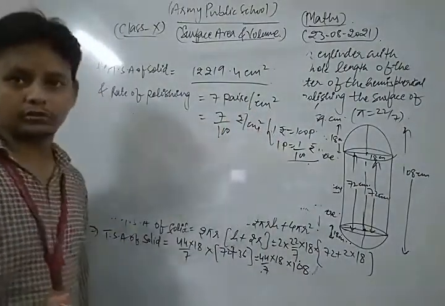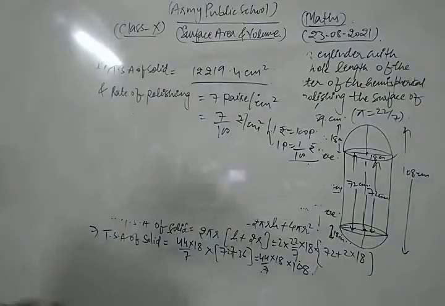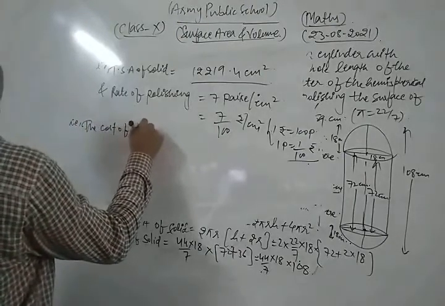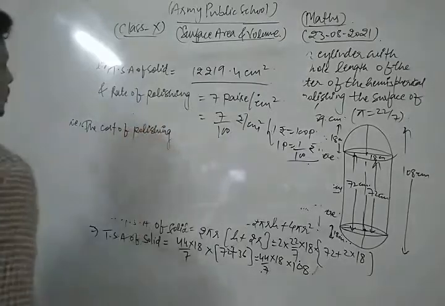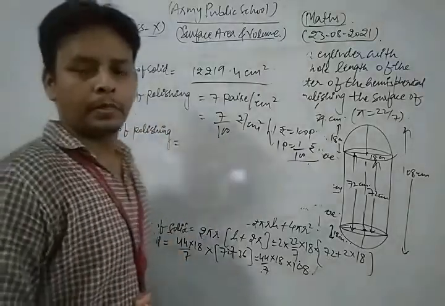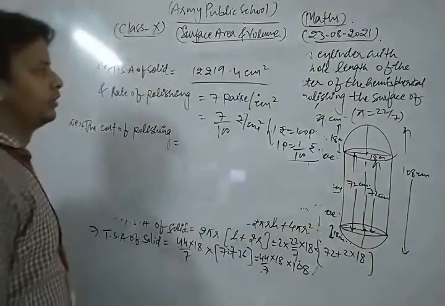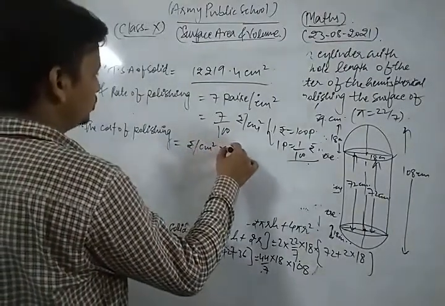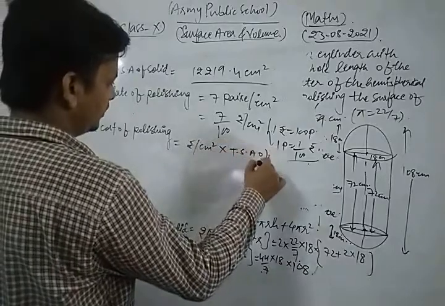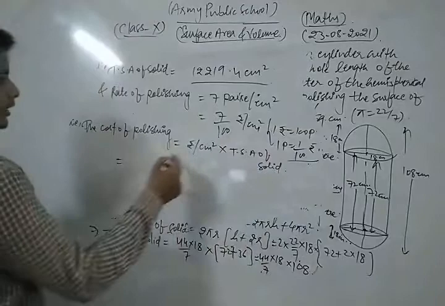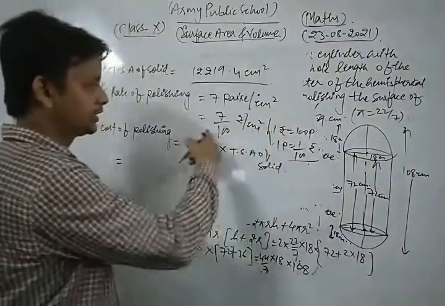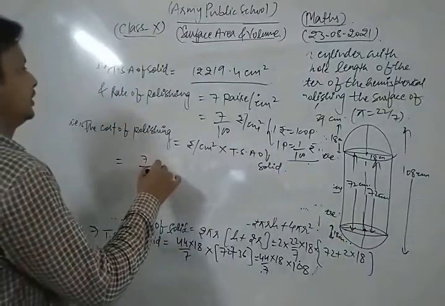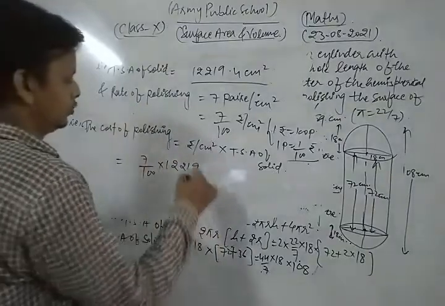Now we find the cost of polishing. The cost of polishing is equal to rupees per centimeter square into total surface area of the solid. The rate is 7 upon 100, so we get 7 upon 100 into 12,219.4.